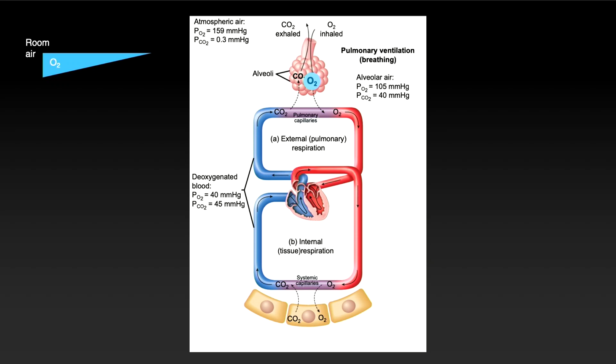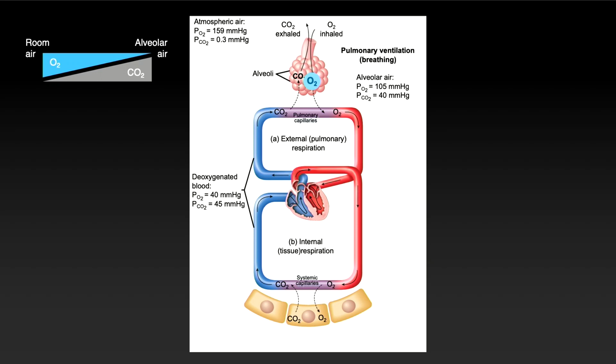It might not. But generally, the concentration gradient looks something like that. So alveolar air has a lower PO2 than room air, and the opposite is true for CO2. CO2 is low in room air, and that gradient increases. It becomes higher as you move to the alveoli.